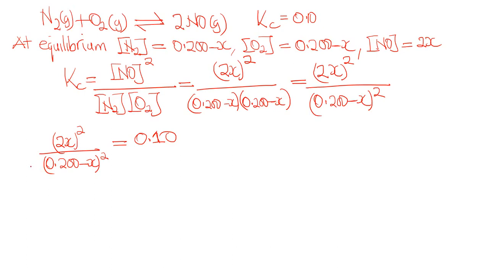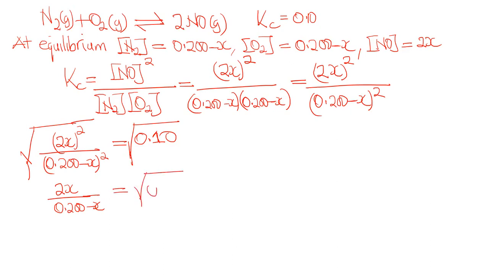Now, if you take the square root of both sides, this square will be gone and we'll have 2x divided by 0.200 minus x will be equal to the square root of 0.10.